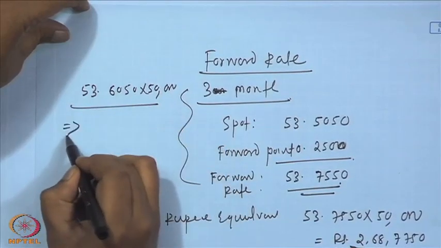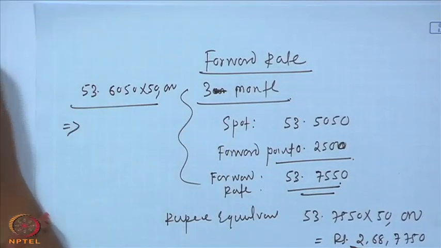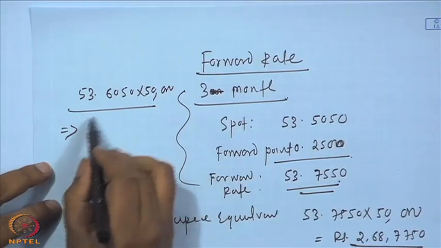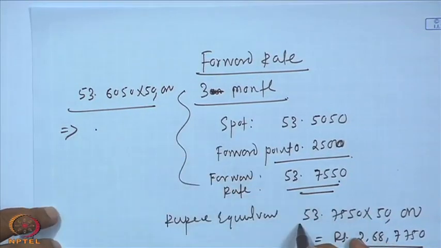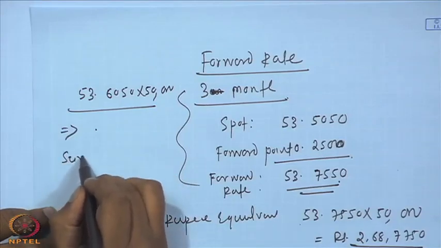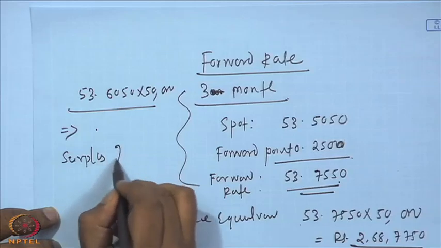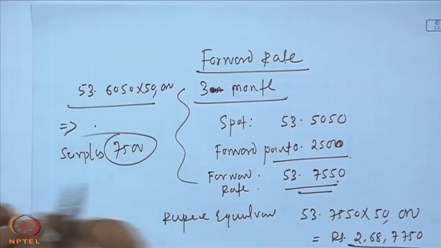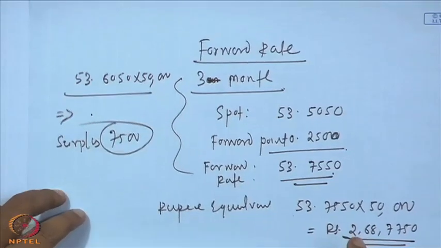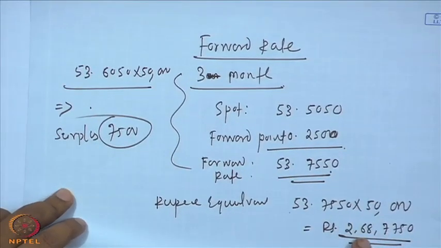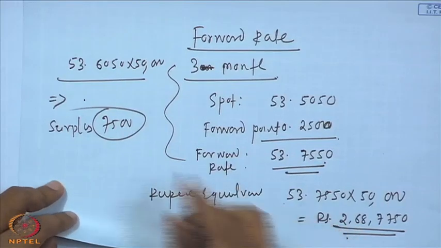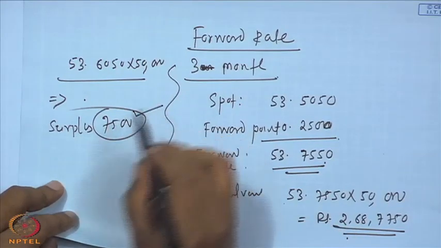You have to estimate this amount, and from here you have to deduct this amount, then the actual surplus will be 7,500. By going for a forward contract, the company is getting a surplus of 7,500 rupees.